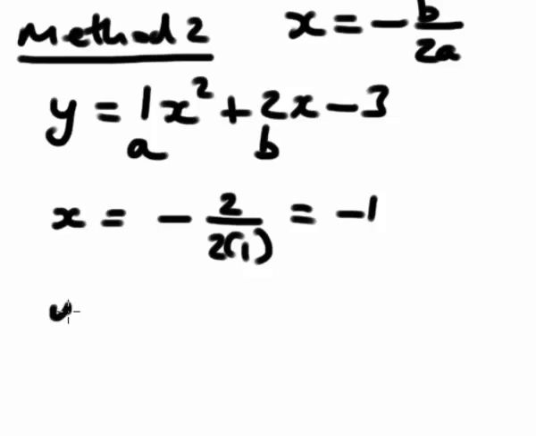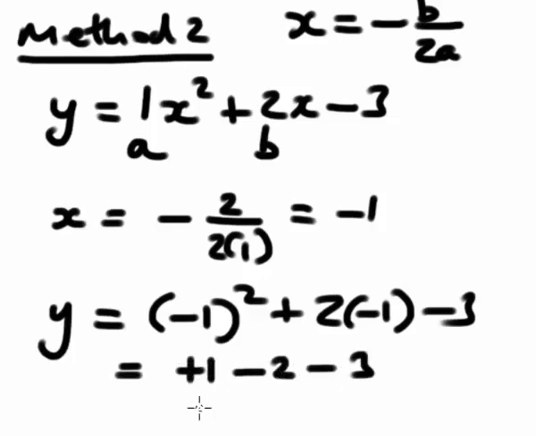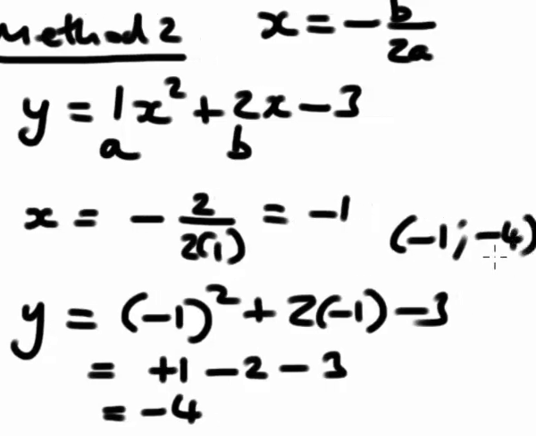To get the y value of the turning point, you substitute minus 1 back into the original equation, leaving you with positive 1, minus 2, minus 3, which gives us negative 4. Once again, you have a turning point at minus 1, minus 4.